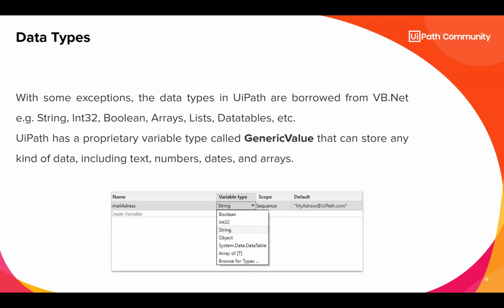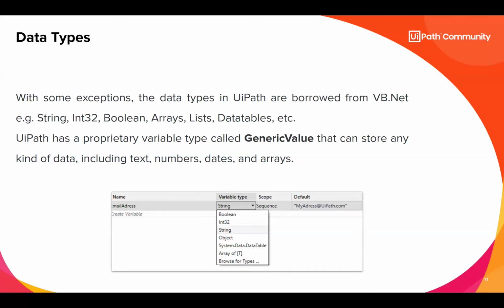All right, so data types are categories of data that tell the computer what kind of information is being processed. Remember our email address variable again. I'm going to be referring to this for some time. Now, our variable named email address, whose data type is string, is holding a text or a string value, right, which is our email address.